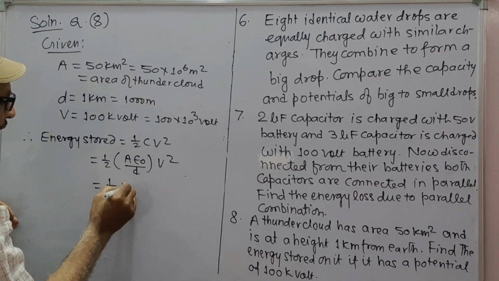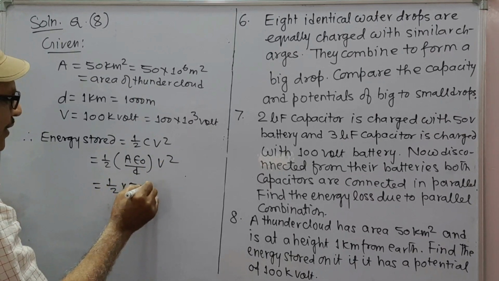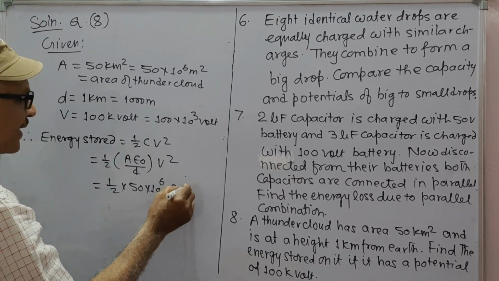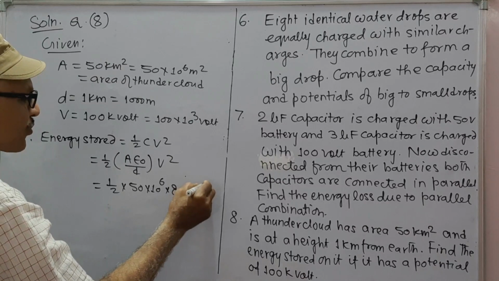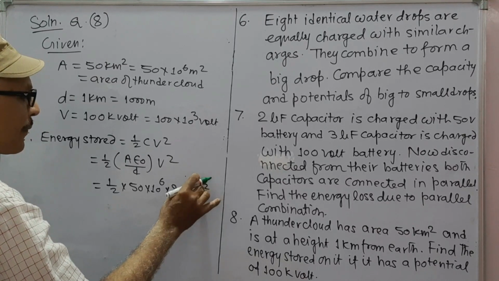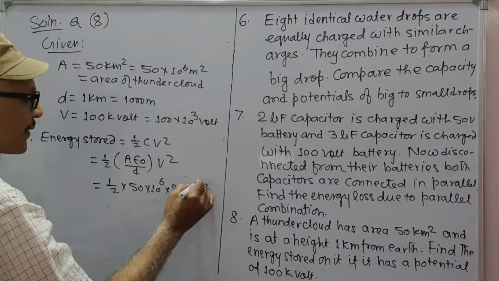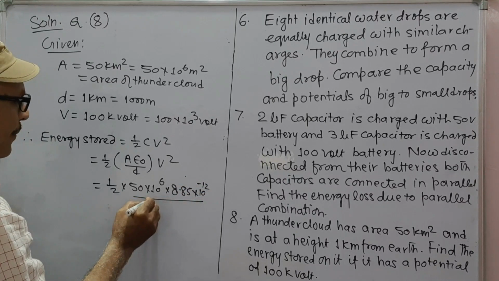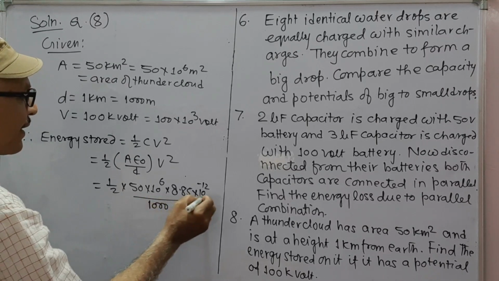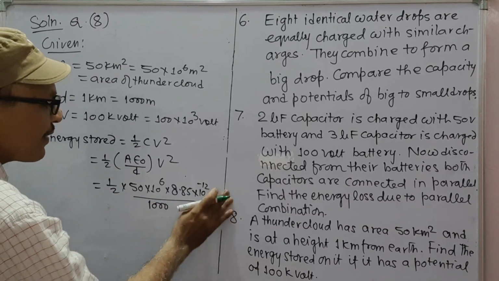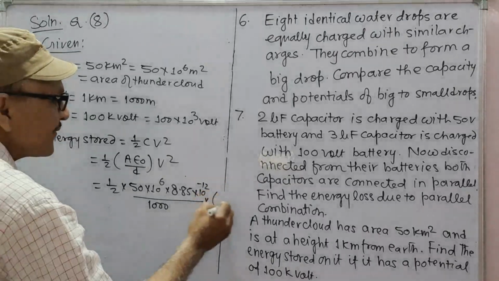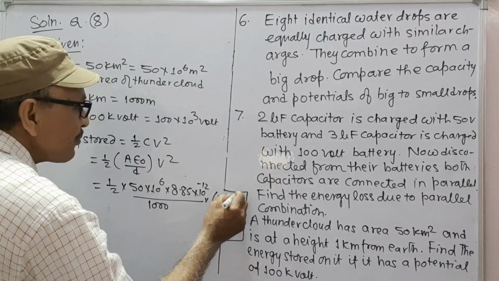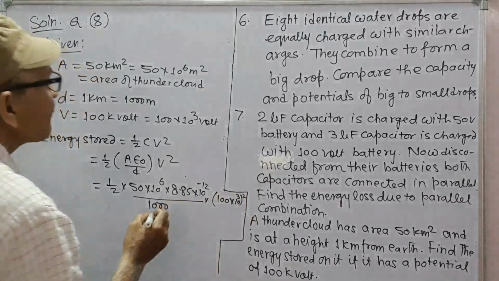1 by 2 into 50 into 10 to power 6, epsilon naught is 8.85 into 10 to minus 12, D is 1000 meter and V is 100 kilo, means 10 to power 3, square.